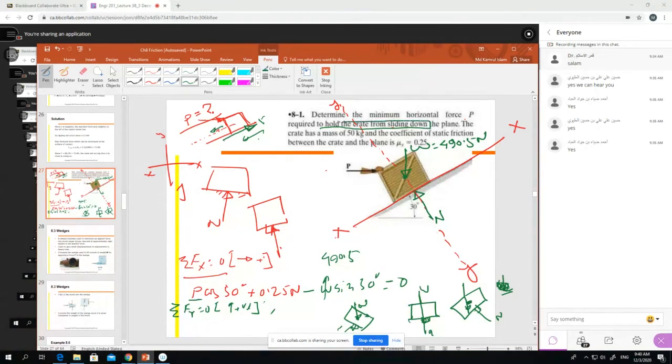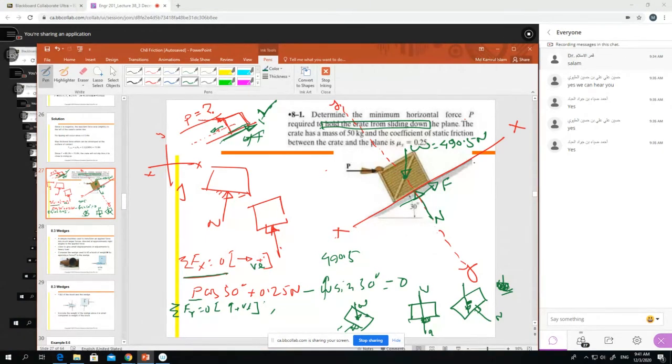So if the crate tries to slide down, then the frictional force will work in the upward direction, not the other way. So the frictional force F is in the upward direction. Now the free body diagram is already done. Now we can write down the equation: summation of x equal to 0.